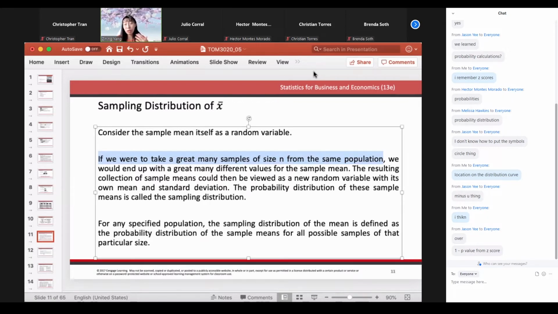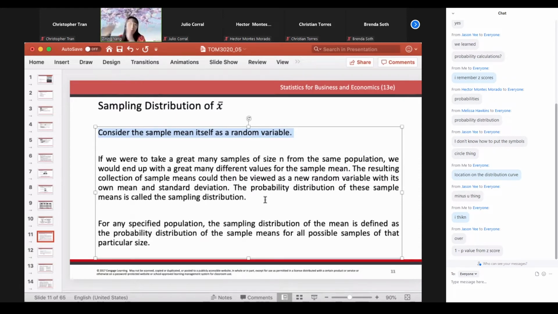And we know each student performs differently, so all those different samples are going to give me a different sample mean. So we will end up with many sample means. In this case, consider the sample mean itself as a new random variable. So now our random variable isn't the SAT score.